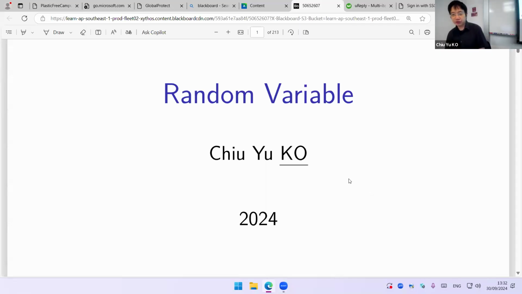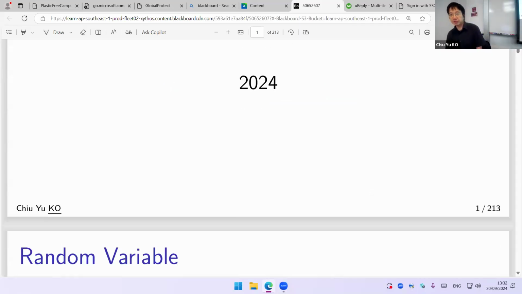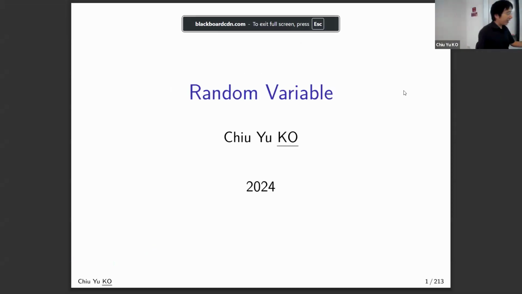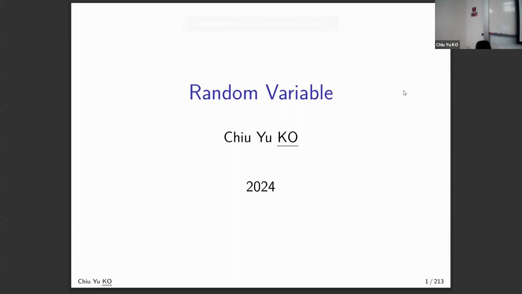But let's briefly review what we're doing, right? Because basically this is the topic of how we apply probability in practice, right? Remember what's the name of the class, right? Statistical decision based on statistical analysis, right? So a random variable is the way we apply probability theory.